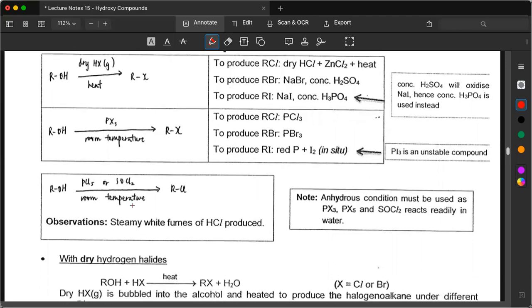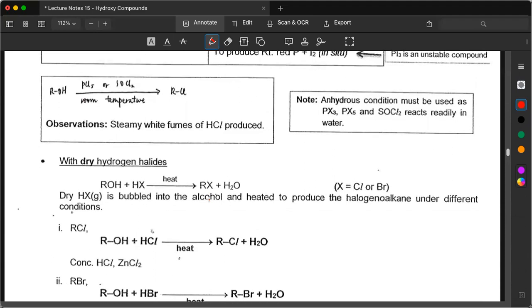Now, if we use PCl5 or SOCl2 to convert ROH to RCl, again, HCl is one of the byproducts formed. So there will be steaming white fumes. And if we want to use PX3, PX5, or SOCl2, we should take note that anhydrous conditions must be used as they will react readily in water.